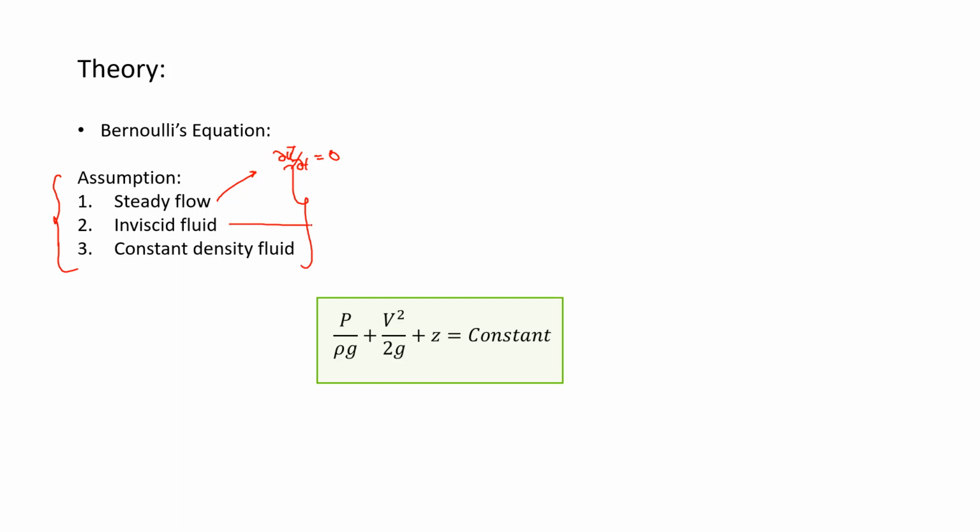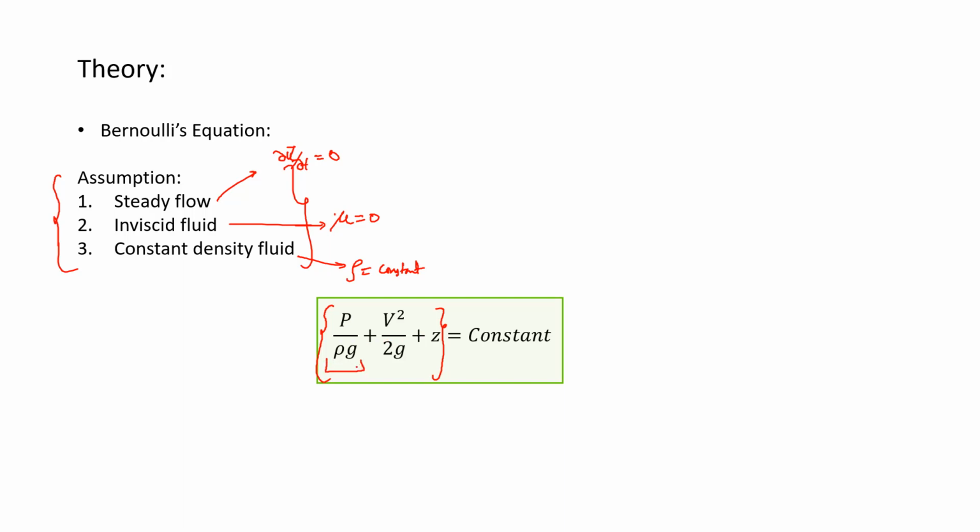When it is inviscid, the viscosity is 0, so this is like an ideal fluid with no frictional or viscous effects. And when the fluid has a constant density, so rho is constant, then there are these three terms, the energy, which is conserved.